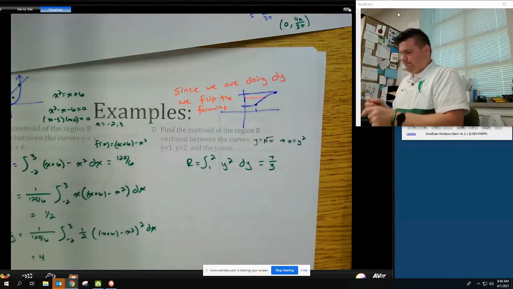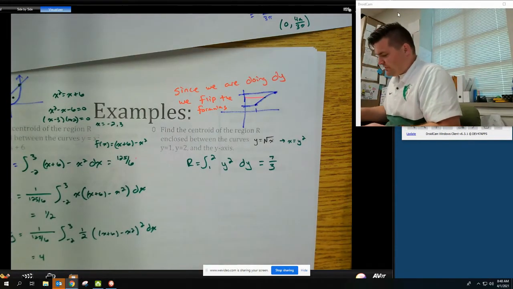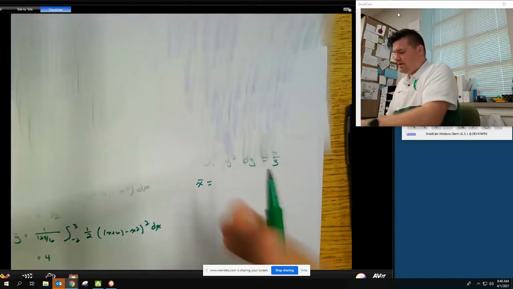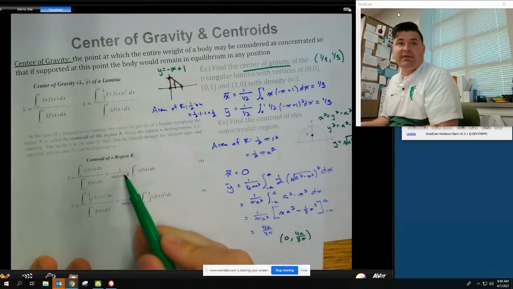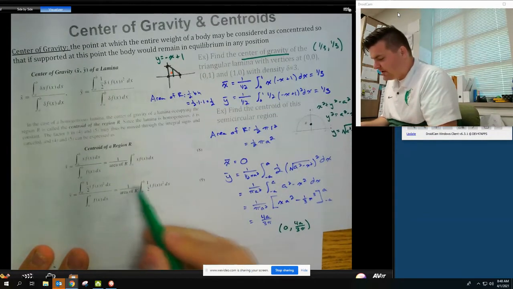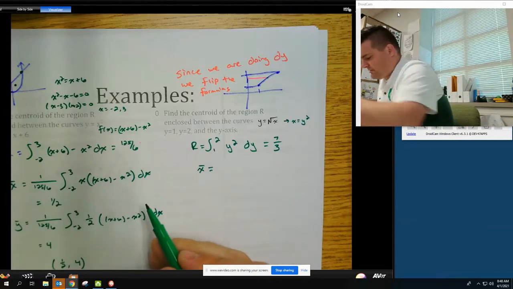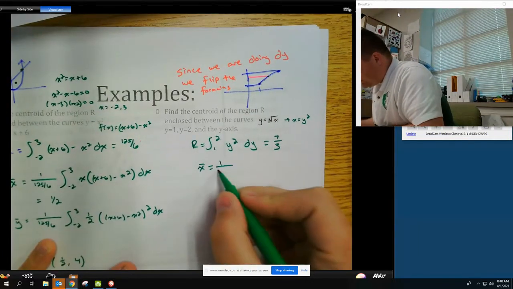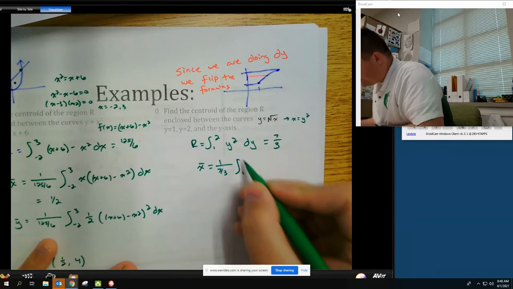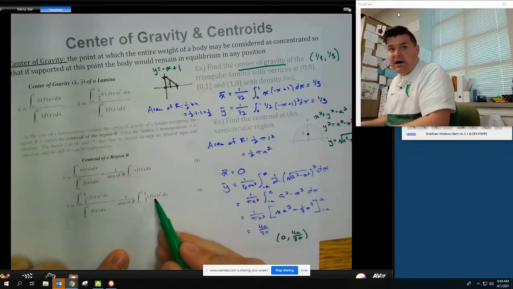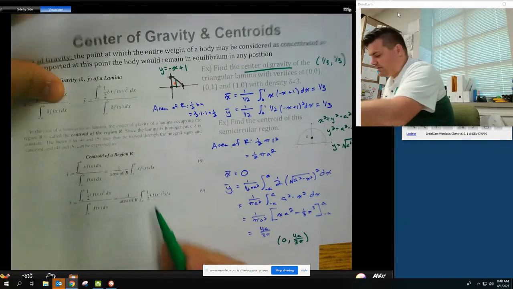Okay. So for x bar, instead of it being this one right up here with x's, it's actually going to be this one down here for y's. So it's still going to be 1 over r, which is 7/3, integrating from 1 to 2 of 1/2 f of y, f of y all squared.